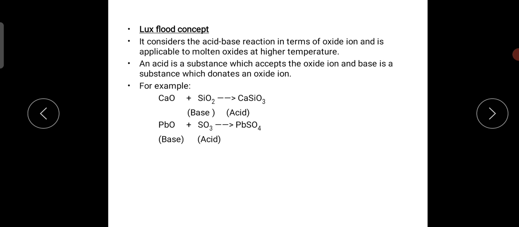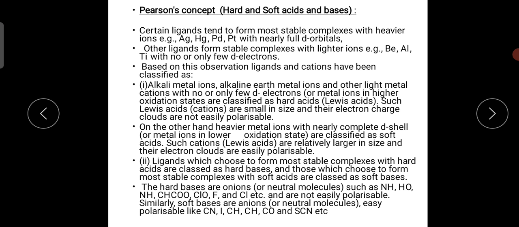Likewise, lead oxide reacting with sulfur trioxide gives lead sulfate. So an acid accepts oxide, so it will become SO4, and a base donates oxide, so we will get SO3. Then the Pearson concept.